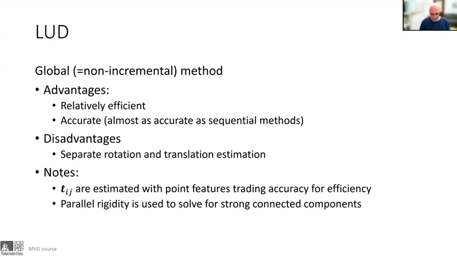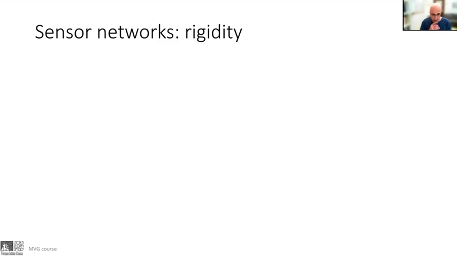Obviously for some graphs there will be a unique solution, and for some graphs there will not. This question is called solvability, and to some extent it was investigated under the name of sensor networks. And there is the concept of rigidity, graph rigidity, that we are going to discuss now.